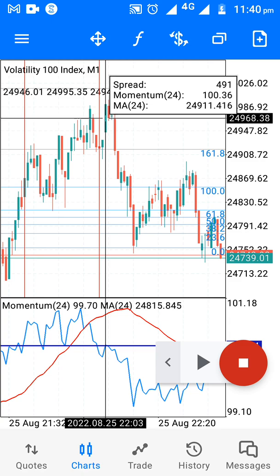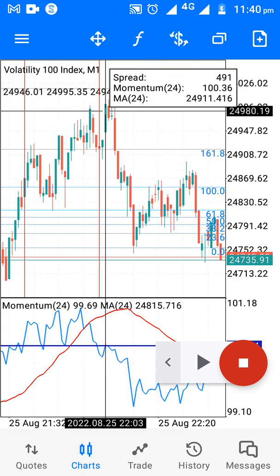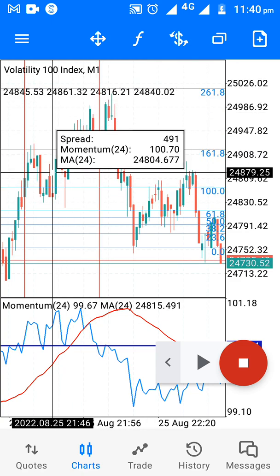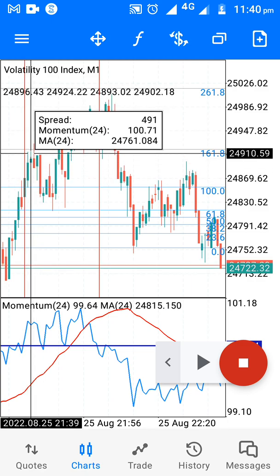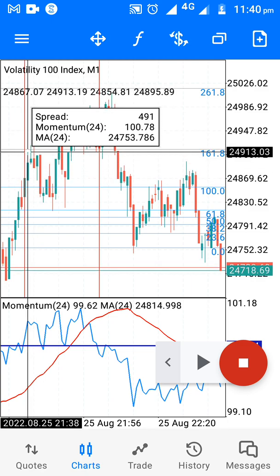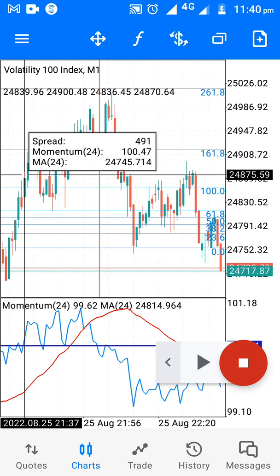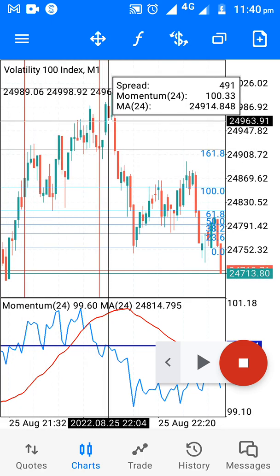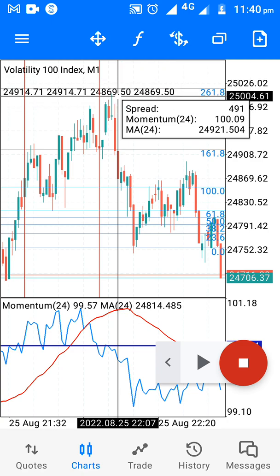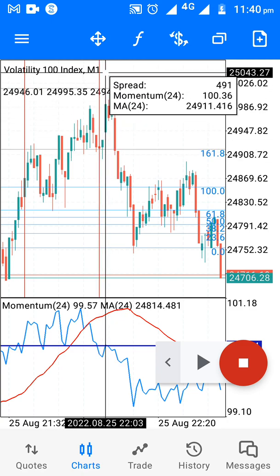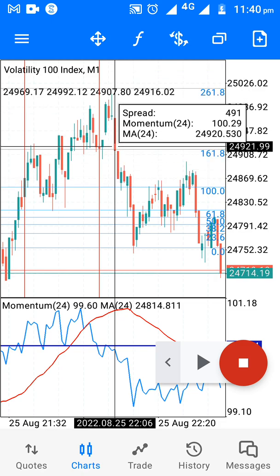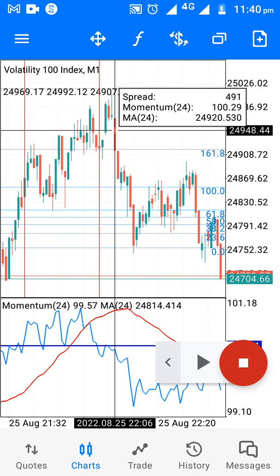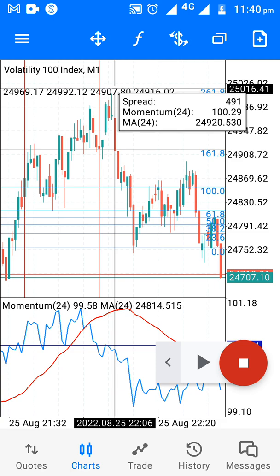Now after engaging 261.8, which happened in the next period, the same way in this other period, it was the 261.8 level that happened in the new period here of the previous period. Same here also, 261.8 happened in the new period, which of course if we follow the plan, you will see that this is the new 161.8.